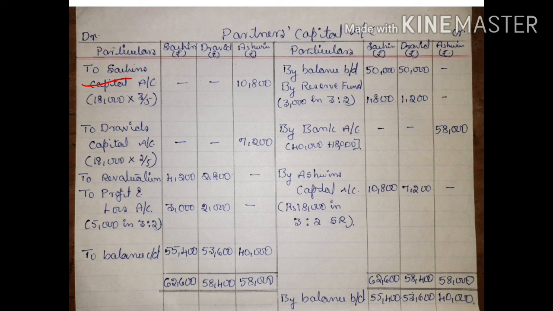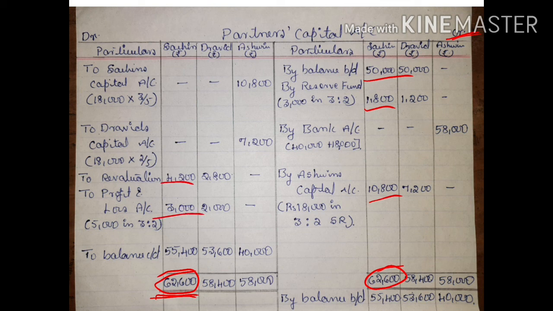Now we have to calculate the balance. See the amount. Which side is greater? Obviously the credit side is greater. So one by one we have to calculate. 50,000 plus 1,800, 10,800, so total 62,600. Write the same amount on this side also, 62,600. From this 62,600 we have to deduct these items, 4,200 and 3,000.